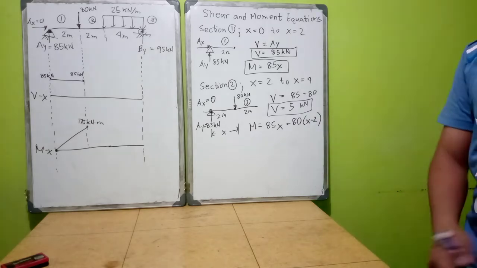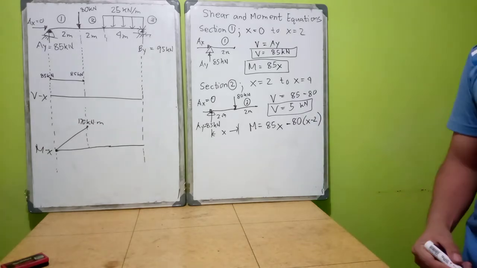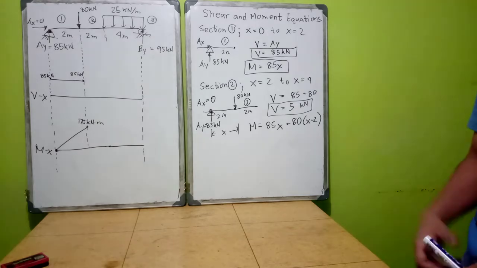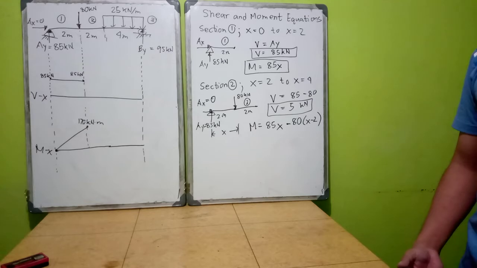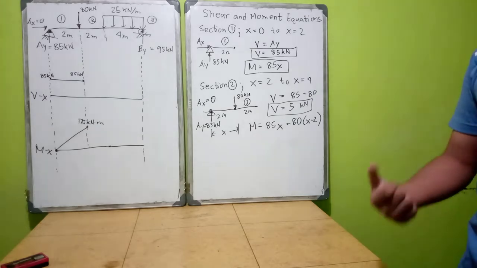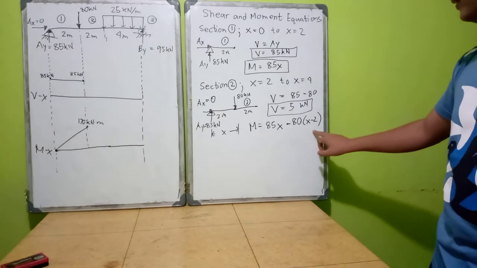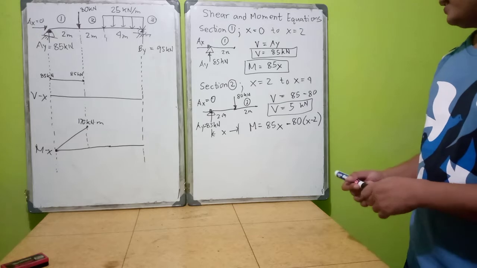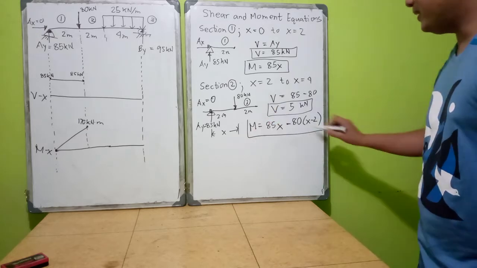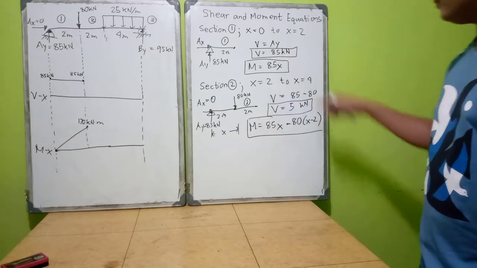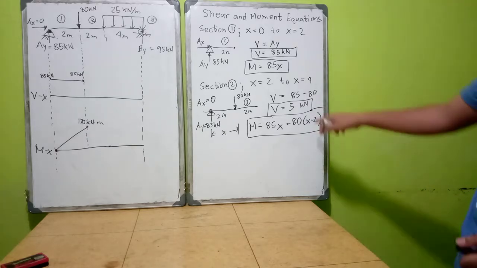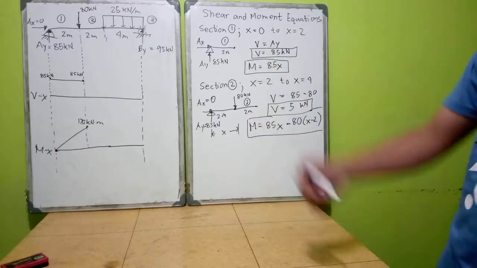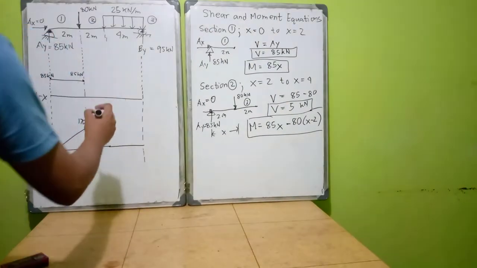If you remember our first video, part 1 (to those who have not seen it yet, see Shear and Moment Equations Part 1), this is your moment equation from x equals 2 to x equals 4. So how does it translate in your shear and moment diagram?